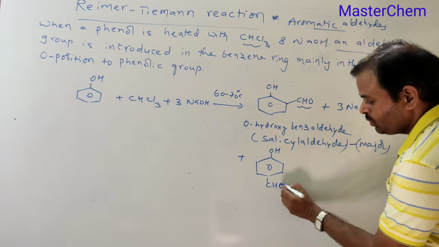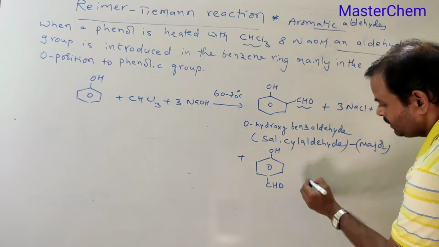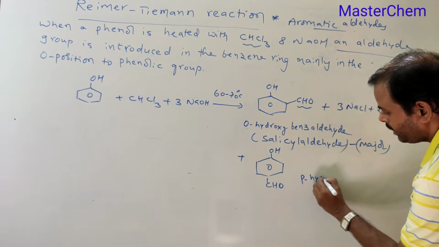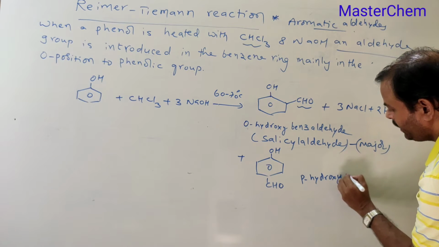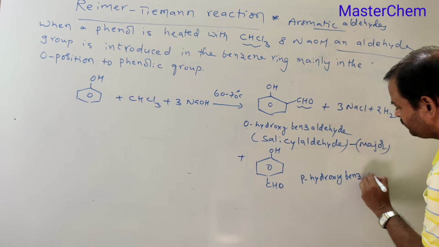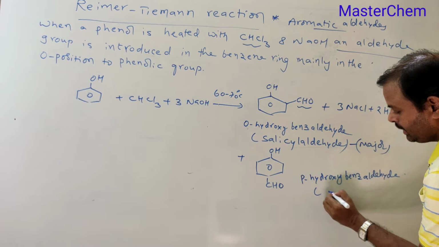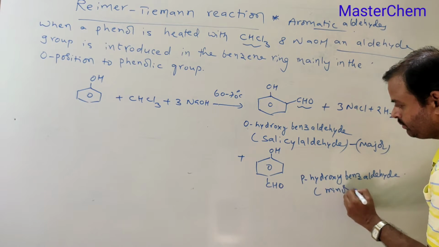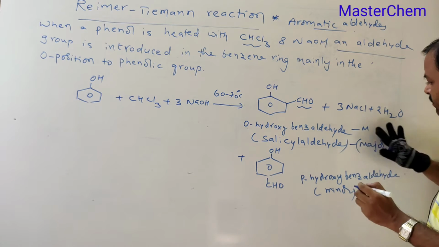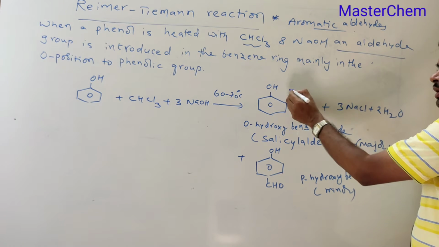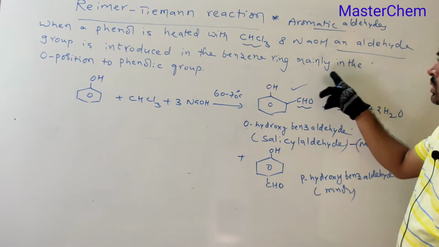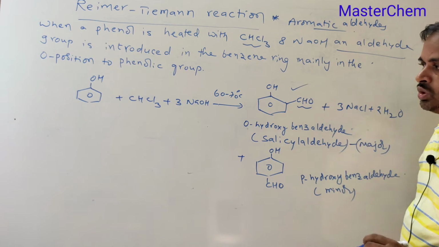If the CHO group is introduced at the para position, it is para-hydroxybenzaldehyde. This is a very small amount; this is minor and this is major. The main product is introduced at the ortho position.